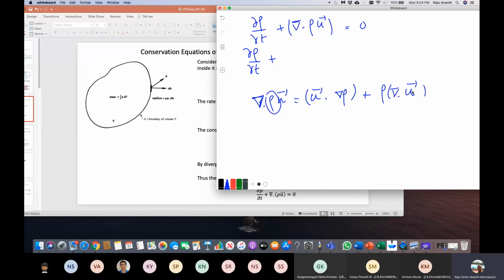So this is what I got. Let's just rewrite this one. So del dot rho u is u dot del rho, that's an operator operating on rho, plus rho del dot u.